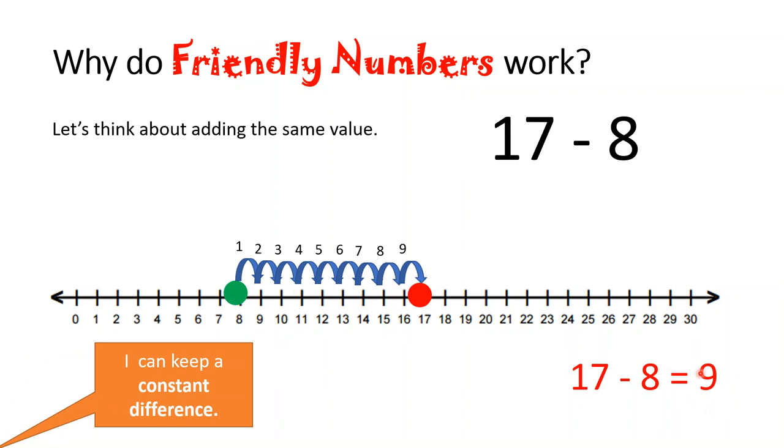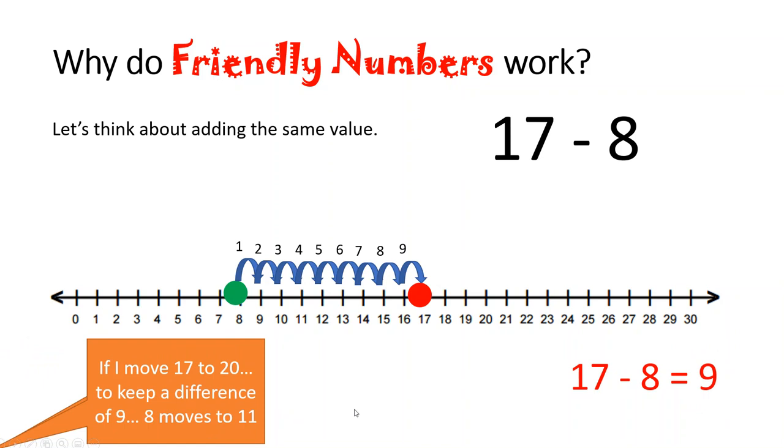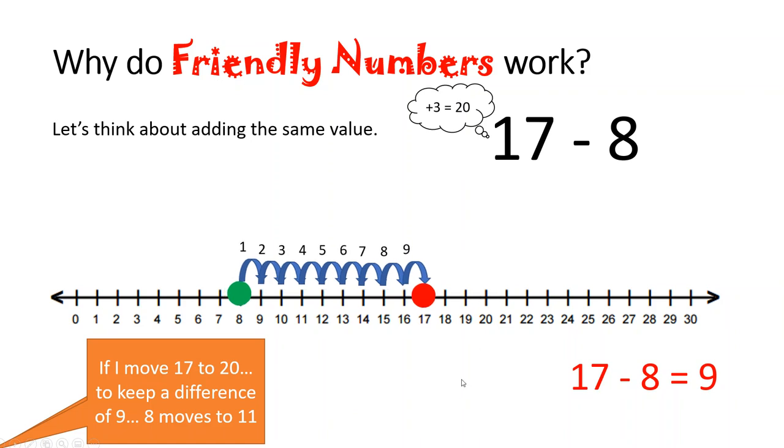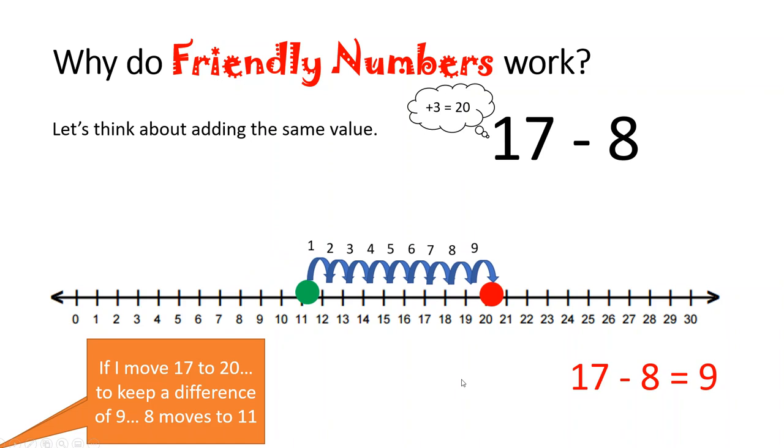They always have to stay 9 spaces apart. So what if I moved the 17 up to 20? What would happen to that 8? Where would it move? Let's look. I add 3 to the 17, it moves up to 20. Well, since it moved up to 20, what happened to the 8? It also moved 3 spots, and it moved to 11.